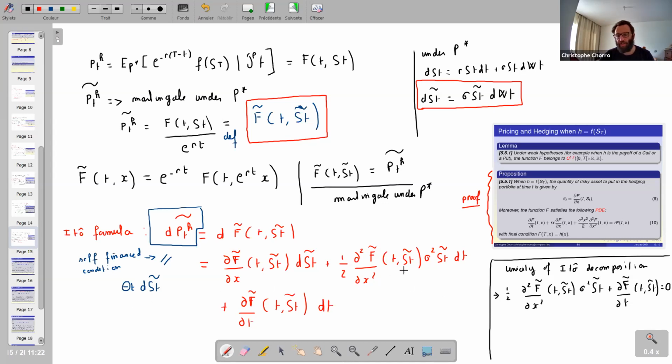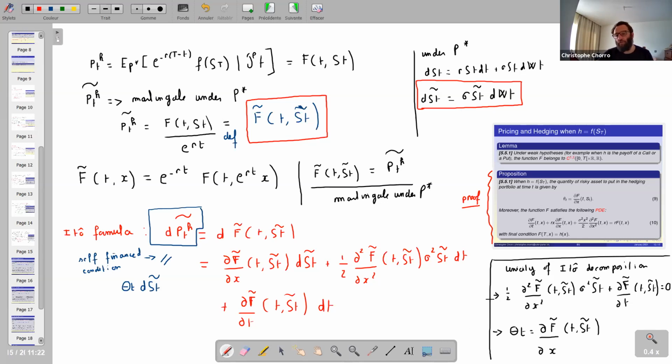Okay, so the part in dt is 0. Second equality I can deduce from the equality between these two Ito decompositions, because I have here d of S t tilde, here d of S t tilde, and so theta of t, that is my quantity of risky asset in my replication portfolio, has to be equal to this quantity here: the derivative of f tilde over dx at t, S t tilde.